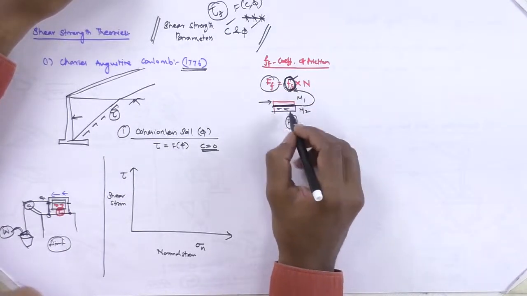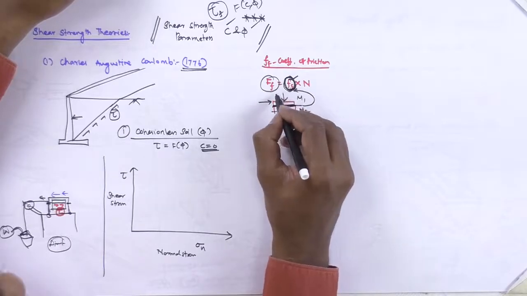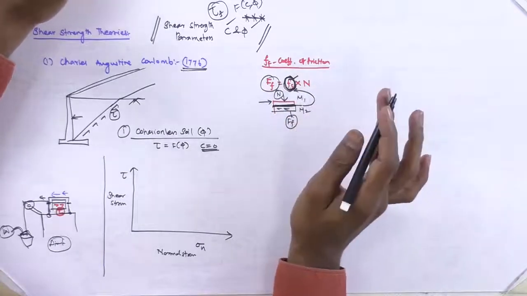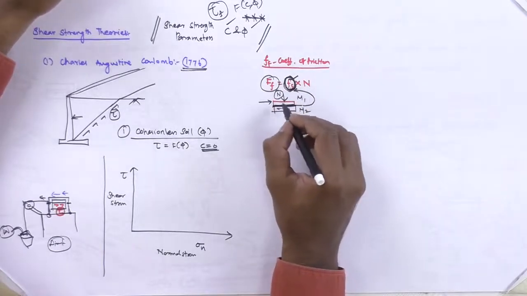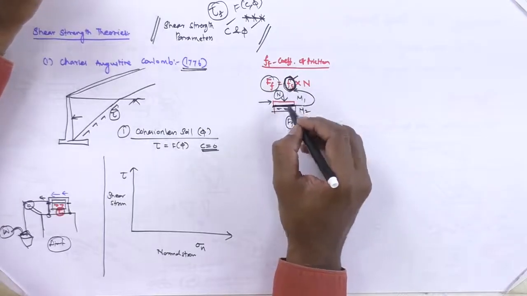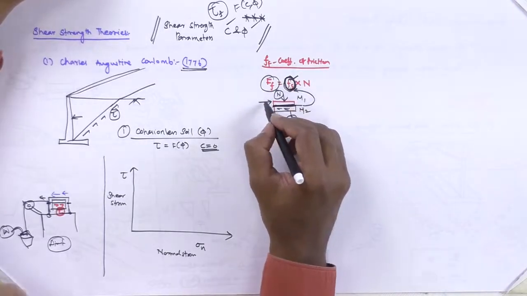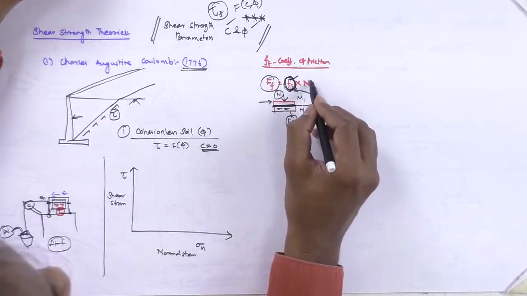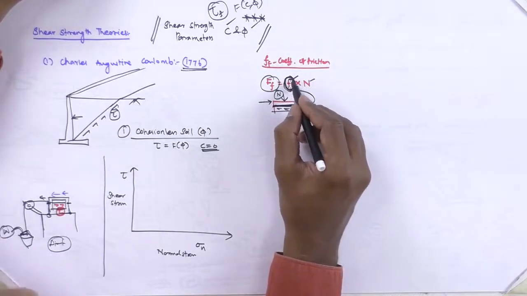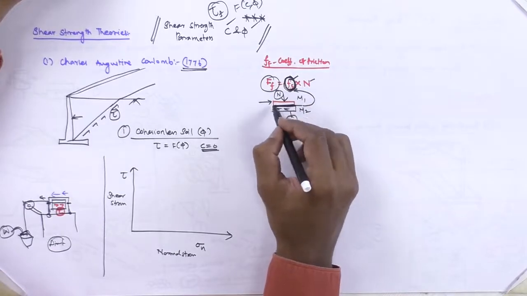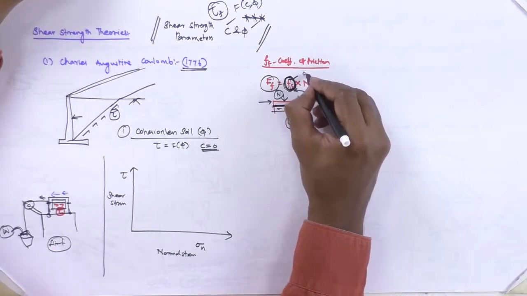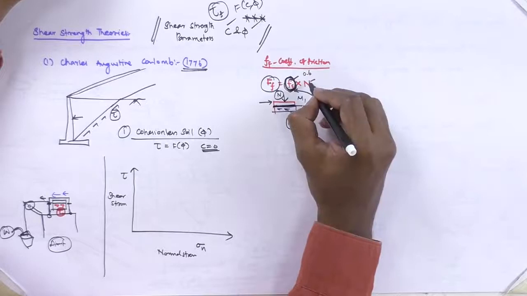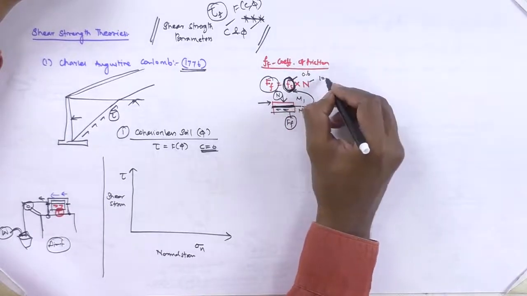So what is the FF value? This is the normal load applied on this material, say any metal or wooden piece, whatever it may be. So these are two different materials. The frictional force developing here depends on N, the load applied, multiplied by the friction coefficient. Say for example, the friction coefficient is 0.6 and the load applied is 10 Newton.